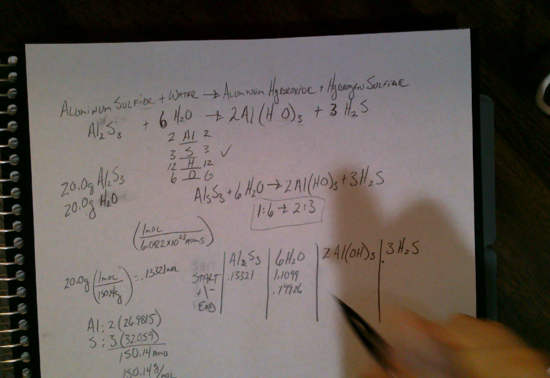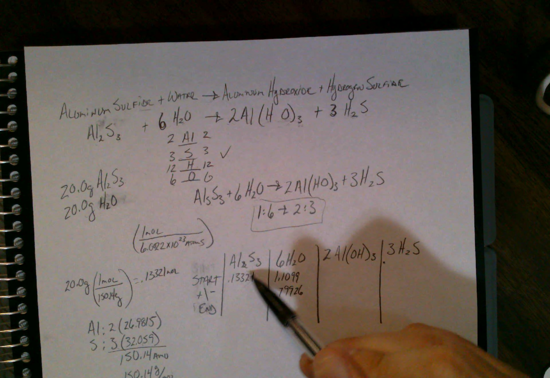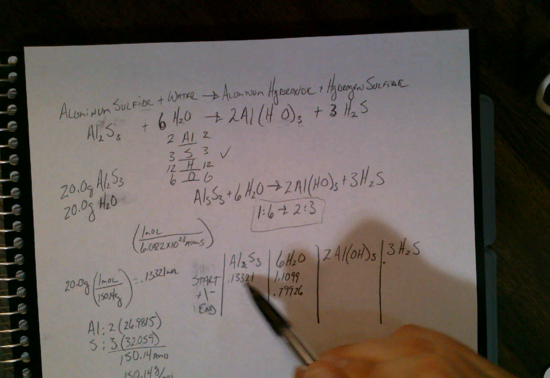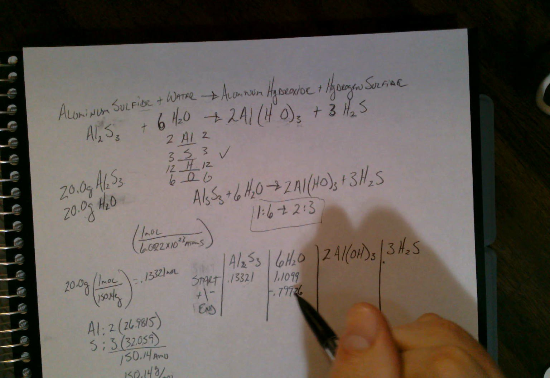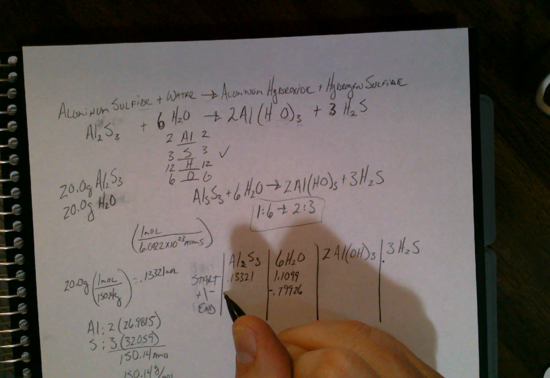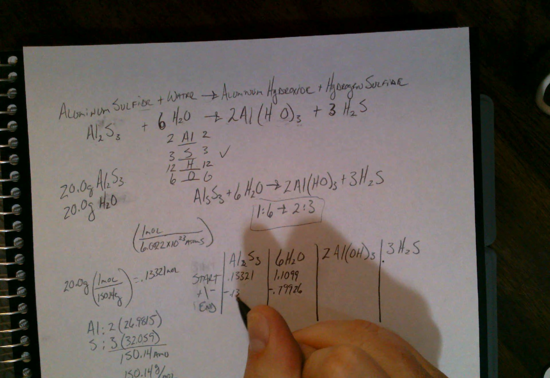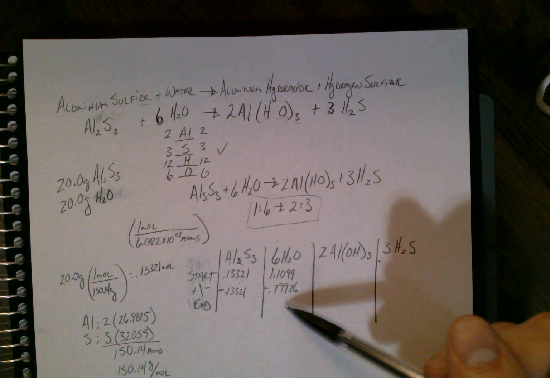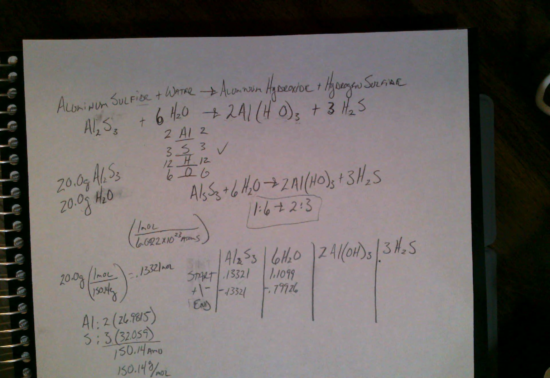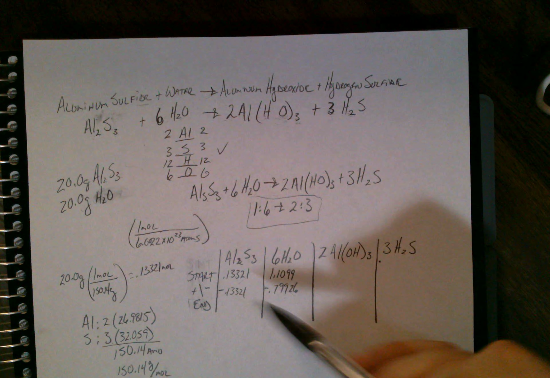That's all that can react, because that's as much as we have here. But all of this will react. So that's going to lose that much material, and this is going to lose all the material. 3, 3, 2, 1. So basically what that means is that we're going to have some leftover water, and that's fine. You know, of all the things to have left over, a little bit of water is probably all right.